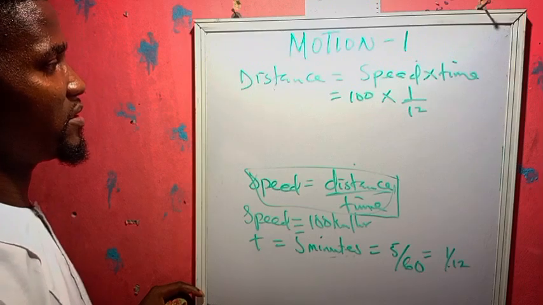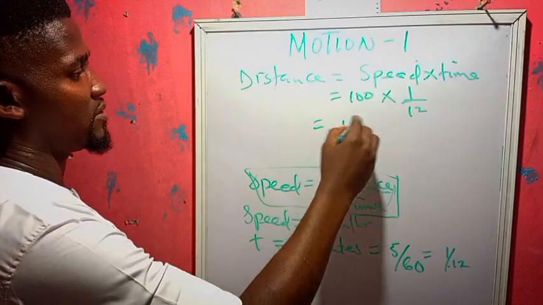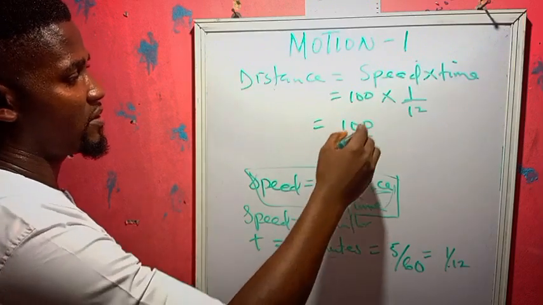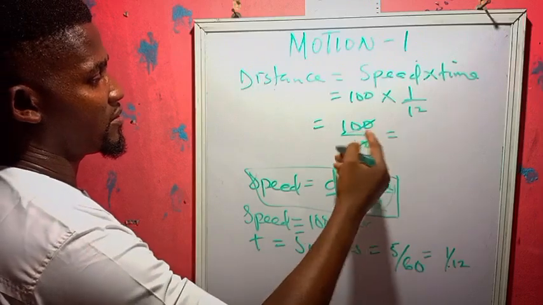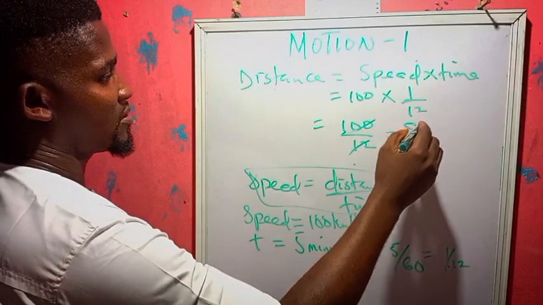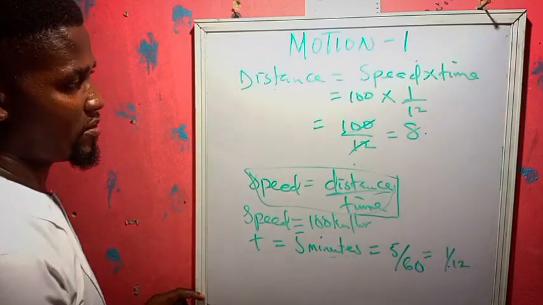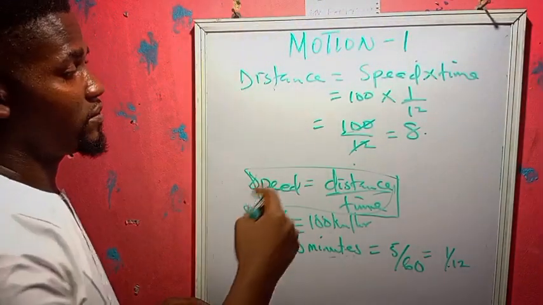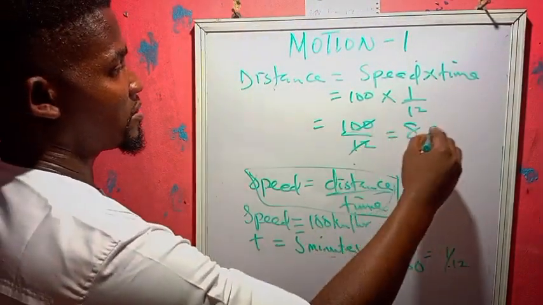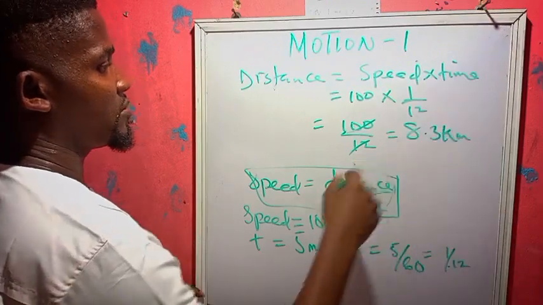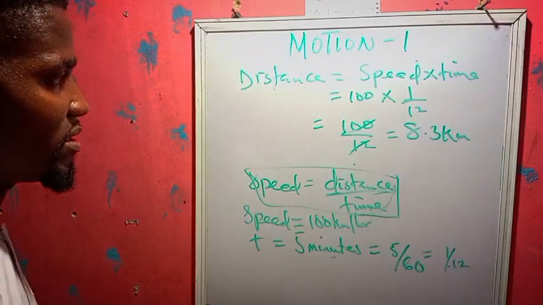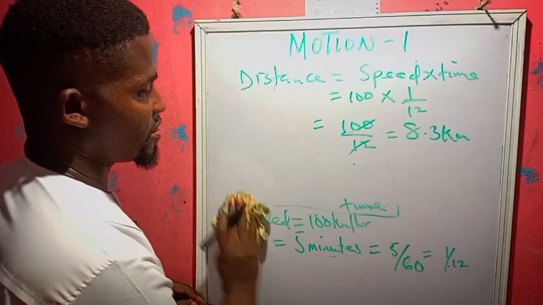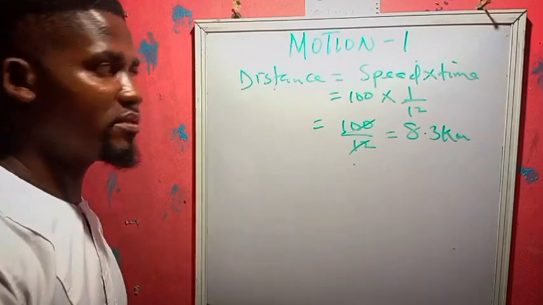So this becomes 100 over 12. If we divide this, it should give us 8 point, 96, remainder 4, add 0, so that will be 3. So approximately we have 8.3 kilometers. That is the distance covered by this car.